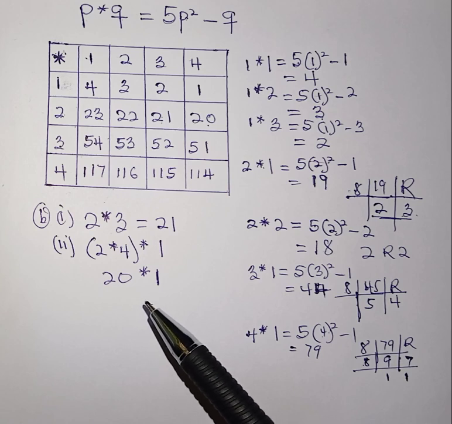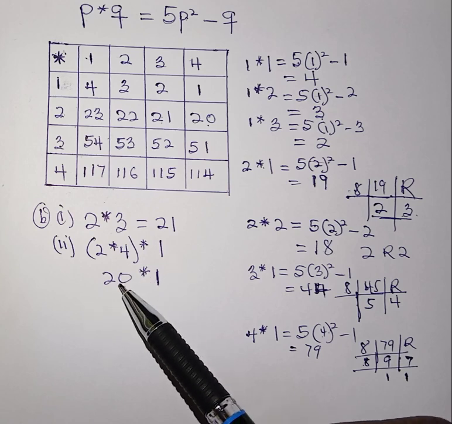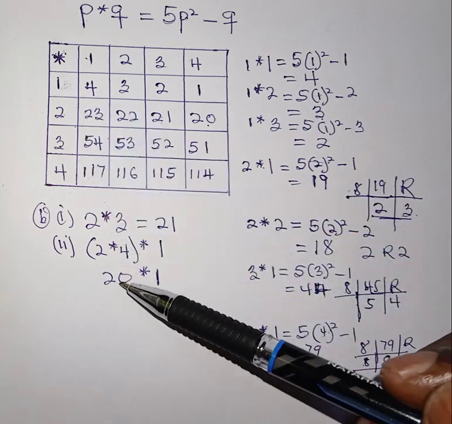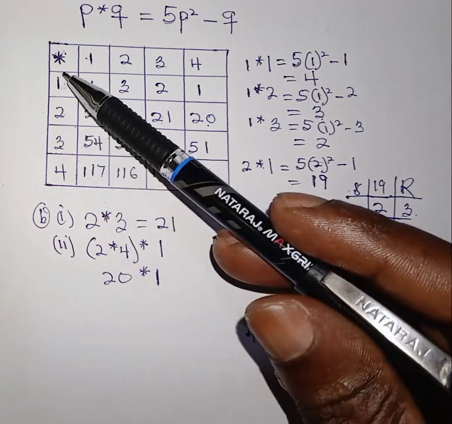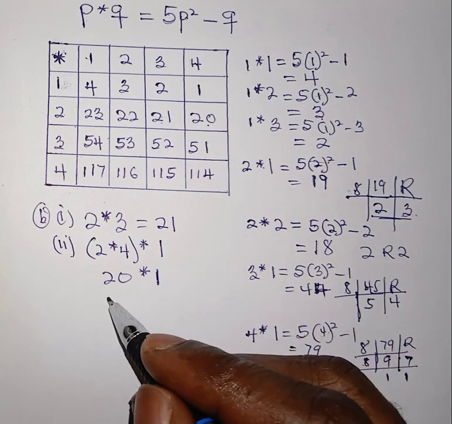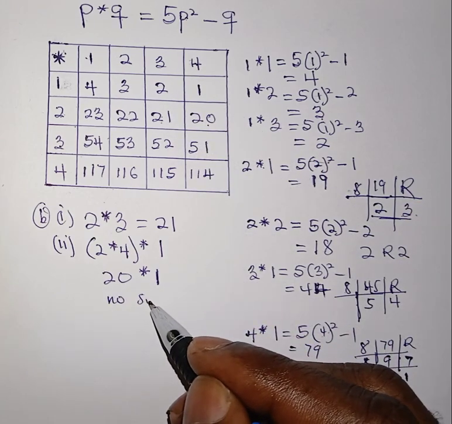Since the question also asks us to use the table, we have to look for where 20 is. You realize that we don't have 20 in the set given. So that's why we can conclude that there is no solution.